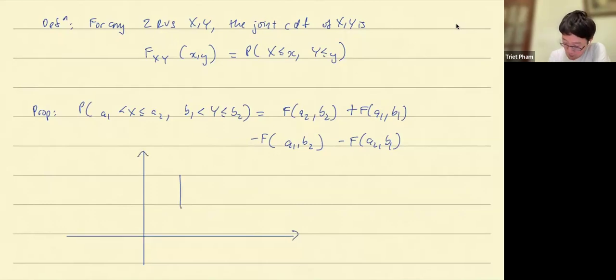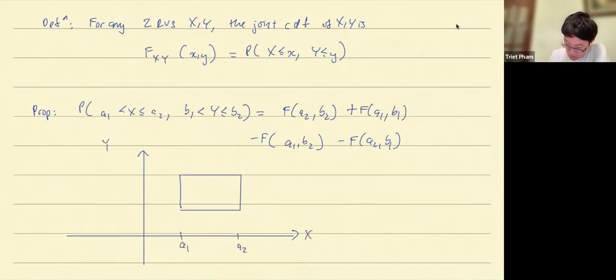The first thing you should notice is that they're referring to a rectangle: A1, A2 for the X, B1, B2 for the Y. Now, it doesn't mean that you have to be continuously inside a rectangle. It can be discrete values. But anyway, the region is the region enclosed by the rectangle.